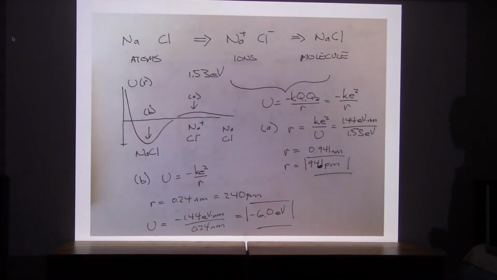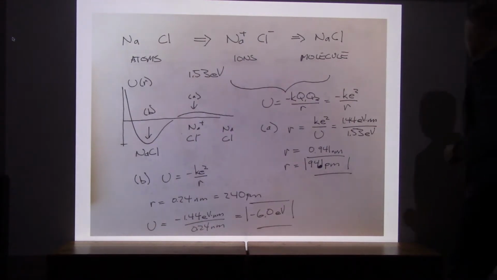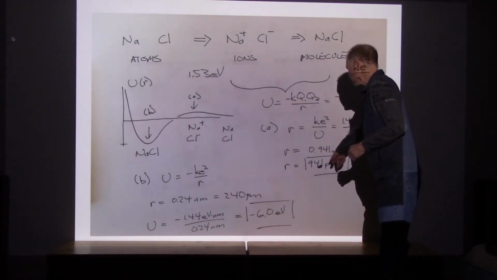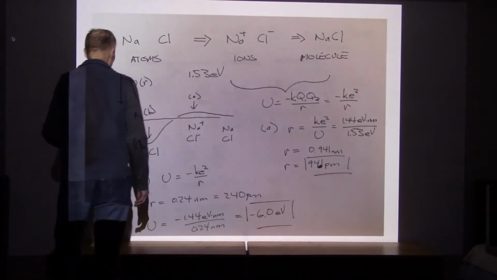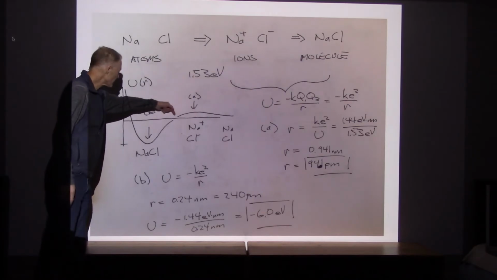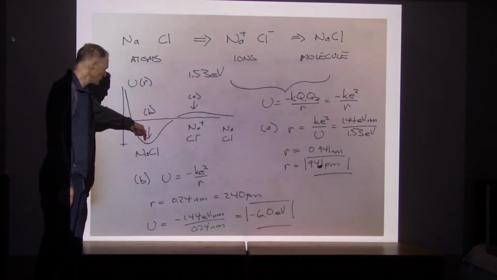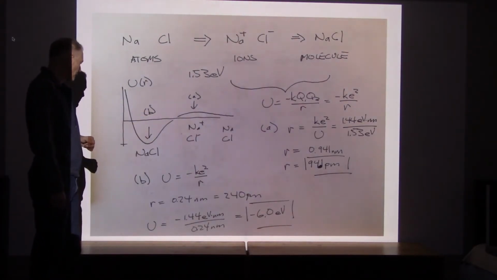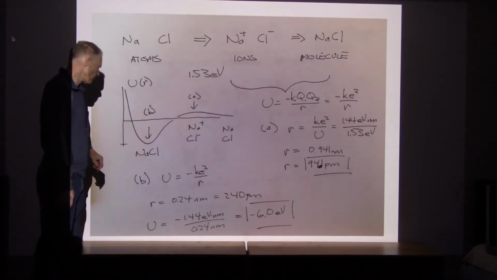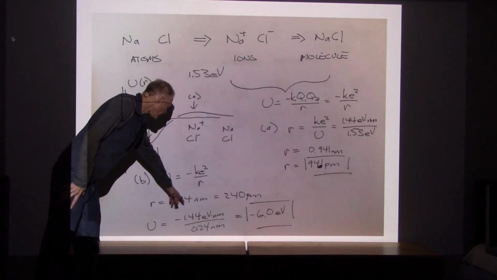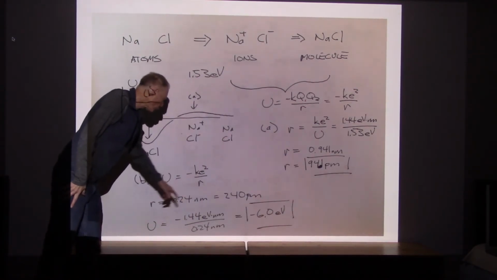It's an erasure that I ended up with. So that's what we're getting for this equilibrium distance. Now, in the other part of the problem, they tell us that the sodium and chlorine eventually end up with a bond length of 0.24 nanometers.